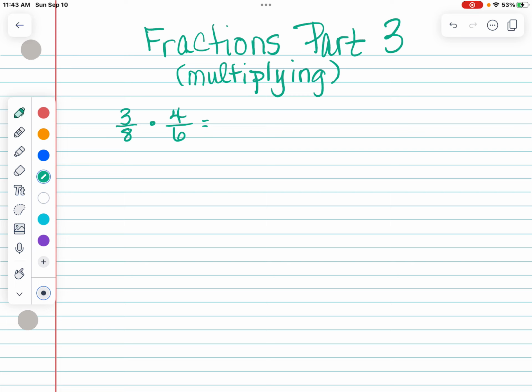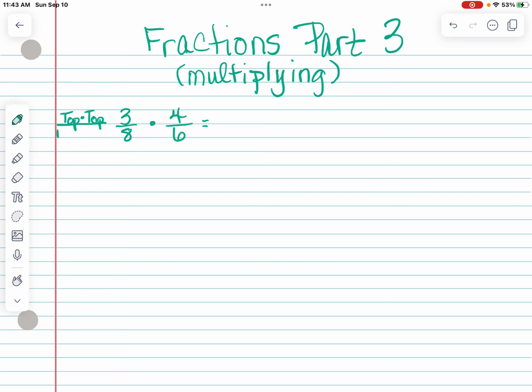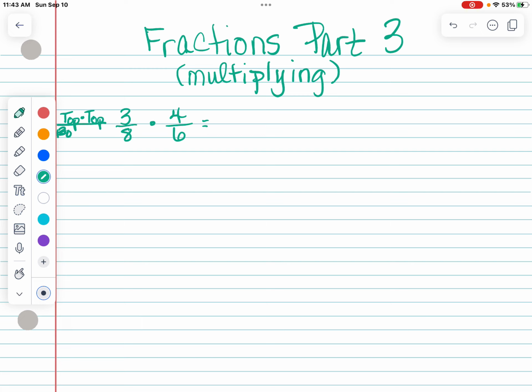Really, when you're multiplying fractions, the saying has been top times the top over bottom times the bottom. And I agree with this, but I don't want you to actually multiply.